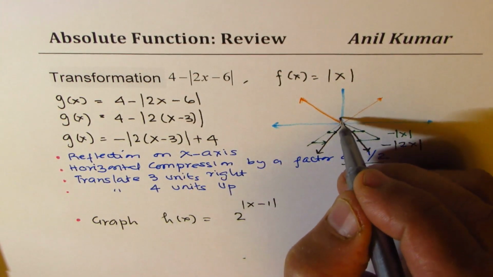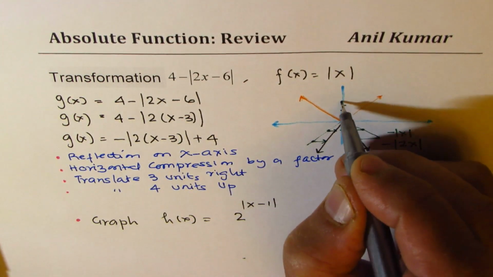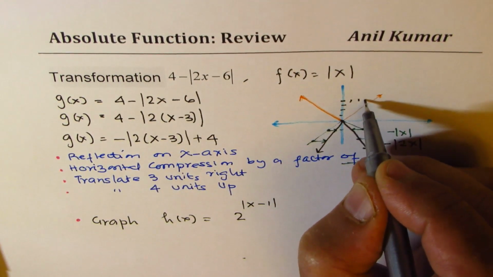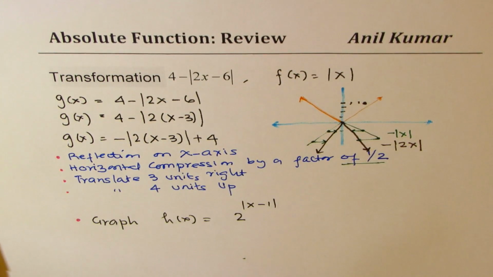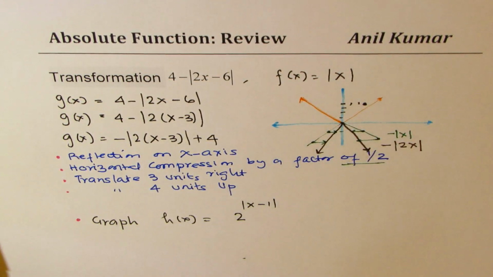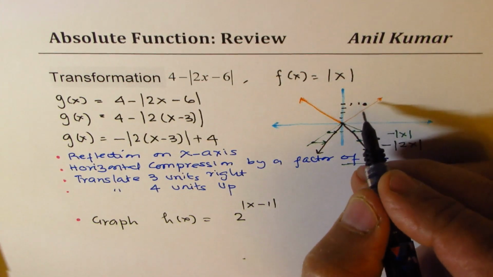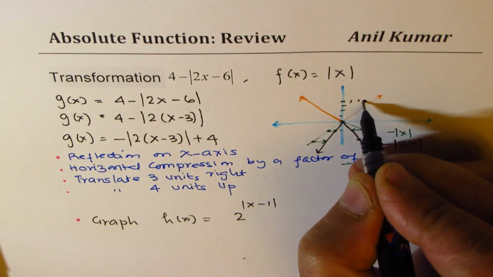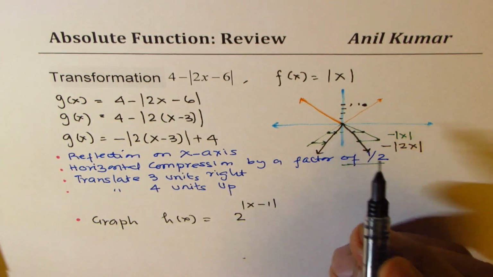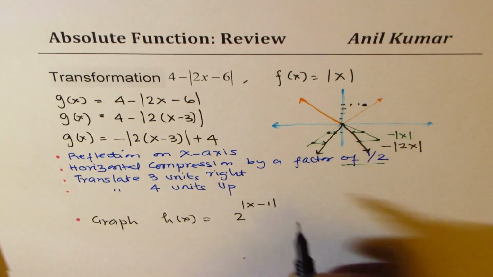You could do 4 units up, let's say 1, 2, 3, 4, and 3 units to the right. So 1, 2, 3, correct? So it comes there. And then you just sketch this function. So let me just make it with some other ink. Okay, so just sketch. I'm not sure where the x and y intercepts are for the time being, but it may be a good idea.